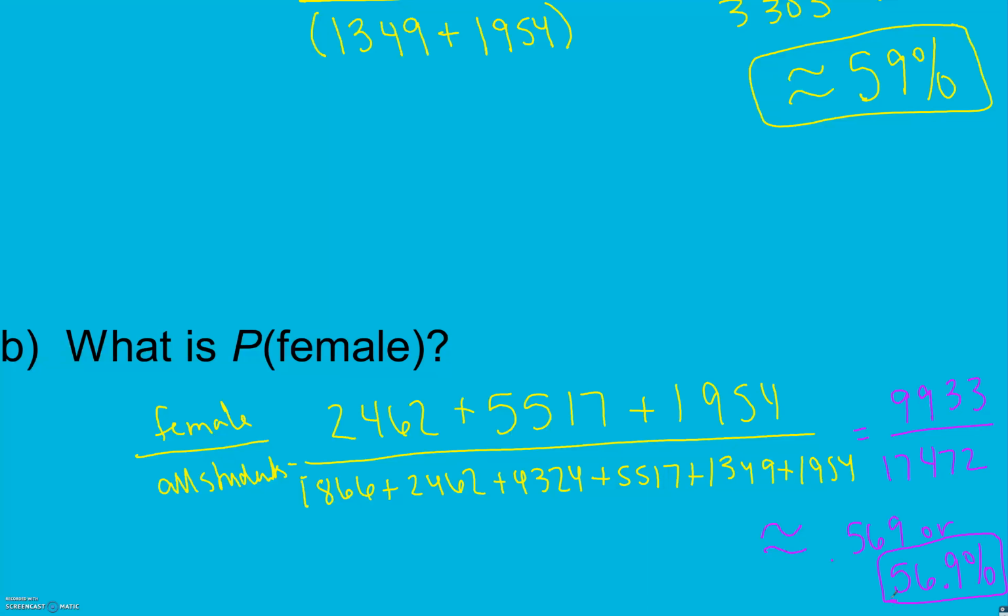There's more females in two-year colleges, in four-year colleges, and in grad schools, according to this information. I don't know if that's true nationwide or statewide or anything like that, but according to the information in this chart, so based off the people that they looked at, there were more females in every level, so there should be more than 50% females overall. So one quick way to check is to just look at your data and see, does my answer make sense?